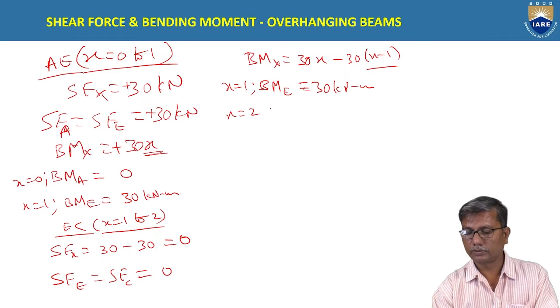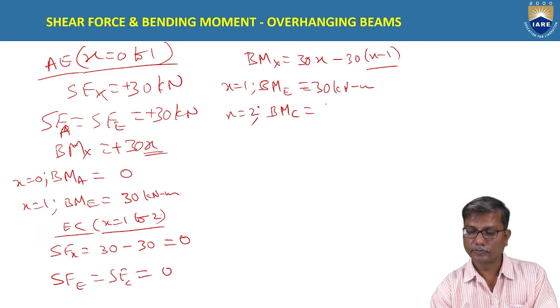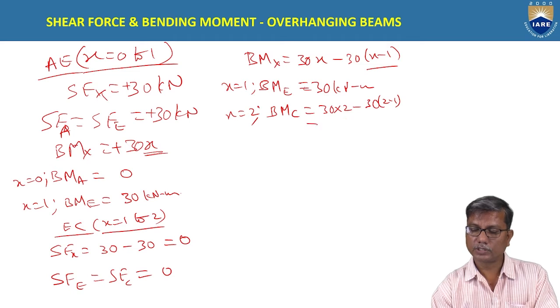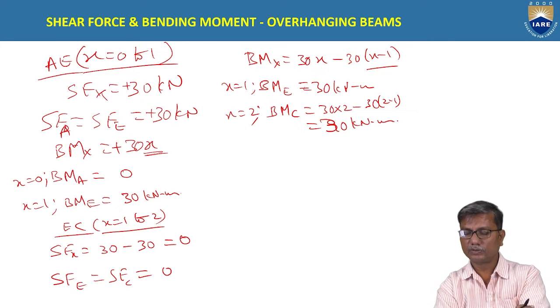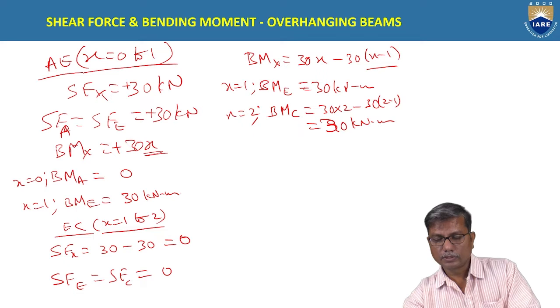And at x equal to 2, bending moment at C is 30 into 2 minus 30 into 2 minus 1. So it is 60 minus 30, 30 kilonewton meters. Okay, it is clear.